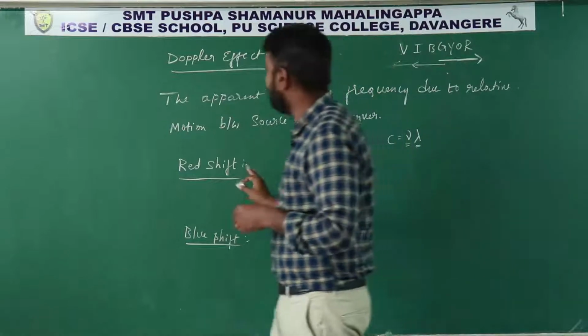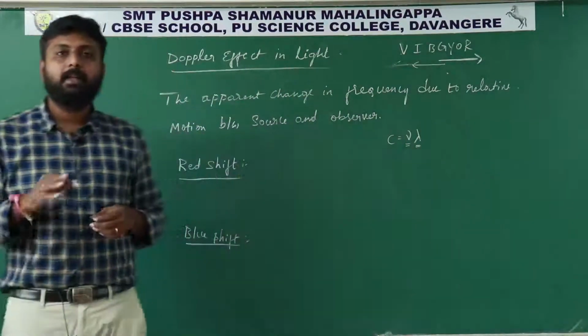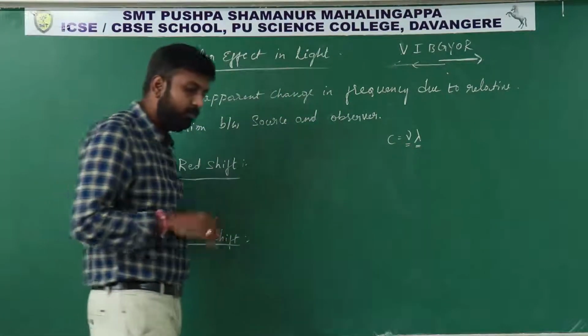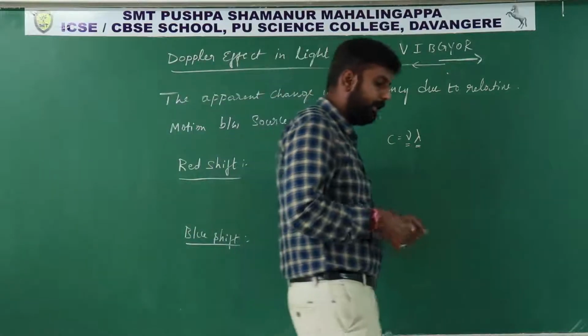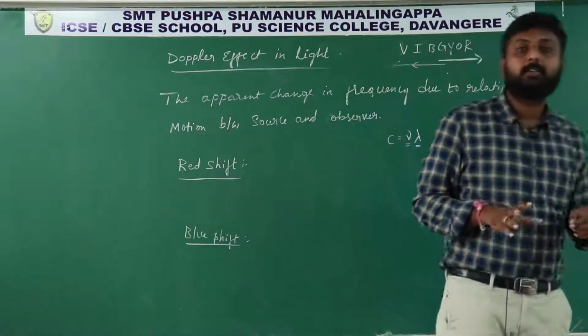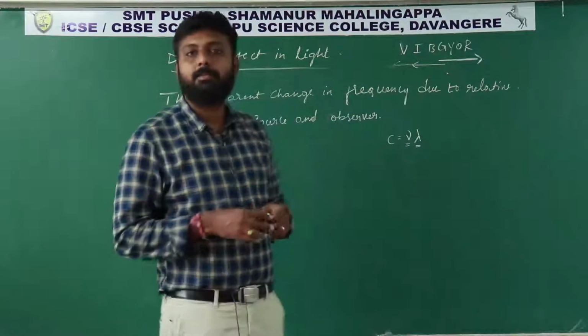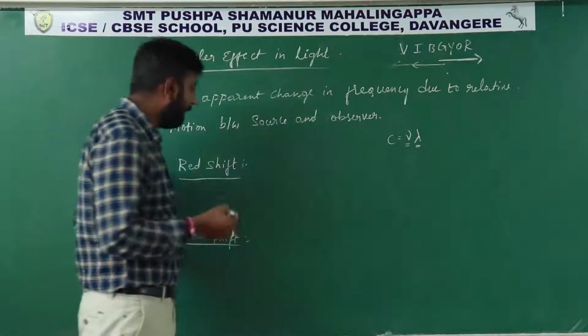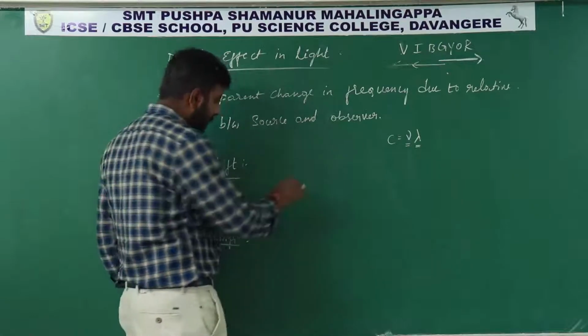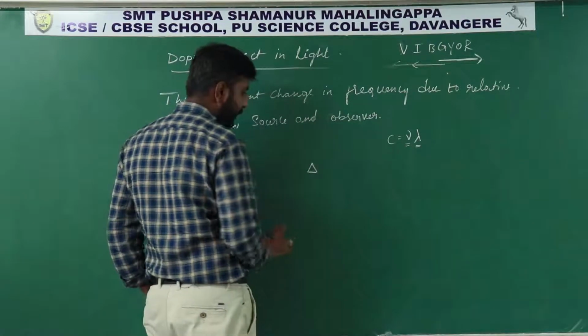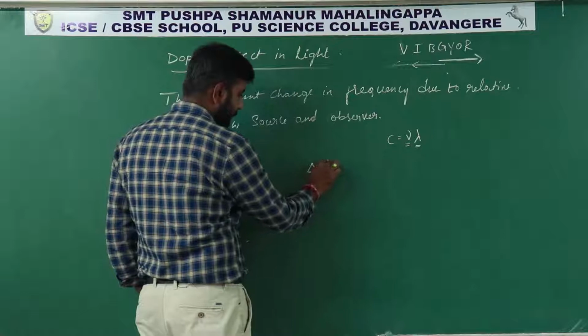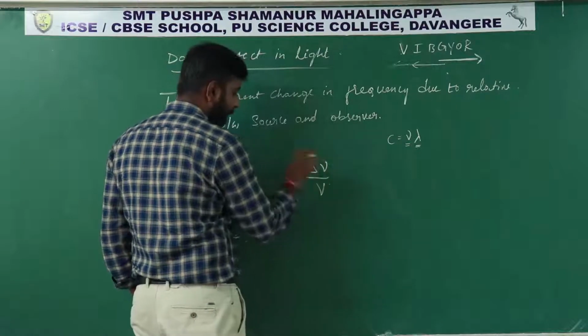Remember this concept, Doppler effect in light. It is useful to find the speed of galaxies or radial velocities of galaxies. It is used in astronomy. And a direct formula is given to find the radial velocity: change in frequency by original frequency.